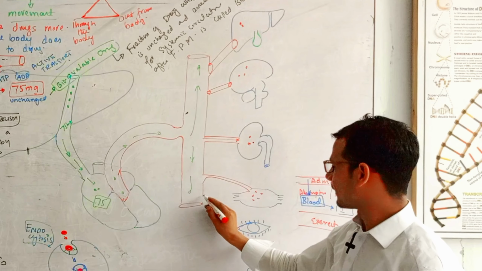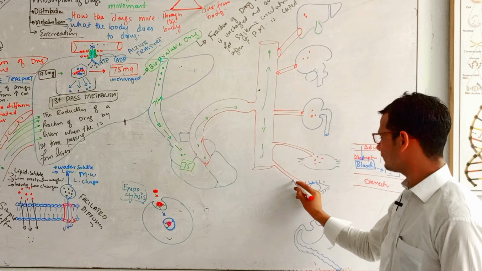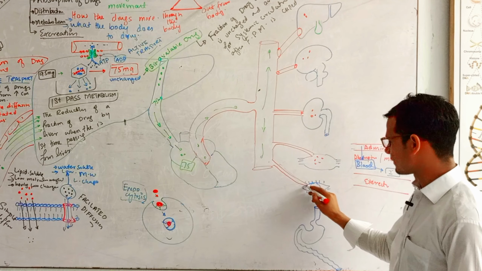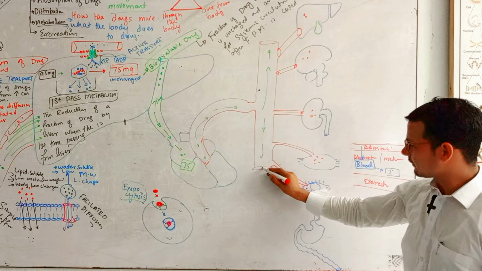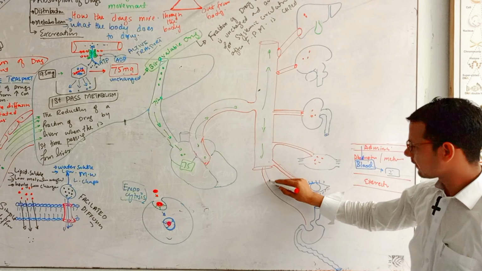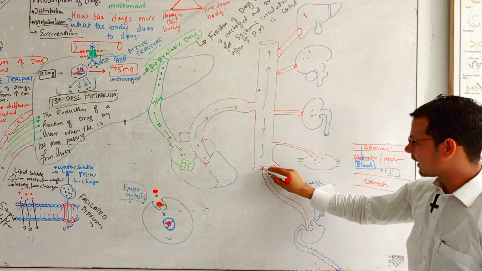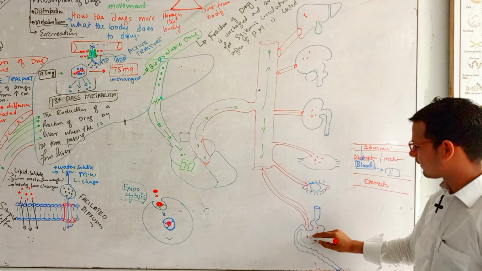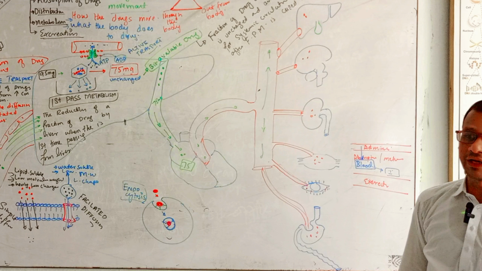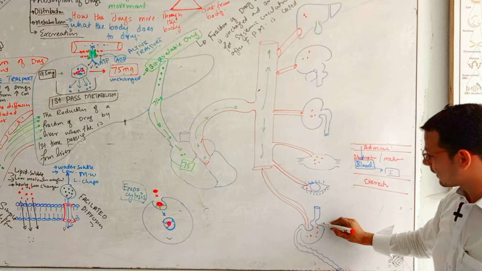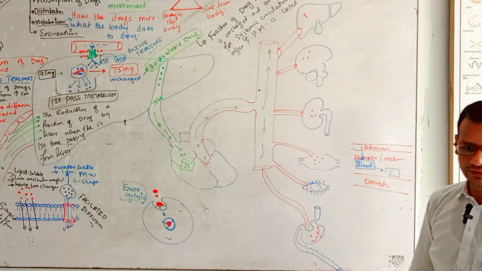For example, ophthalmic arteries. By ophthalmic arteries, the eye will get the drug. For example, these are gastric arteries. By gastric arteries, the gastrointestinal system will get the drug again, not in an acidic environment but in their cells, right?